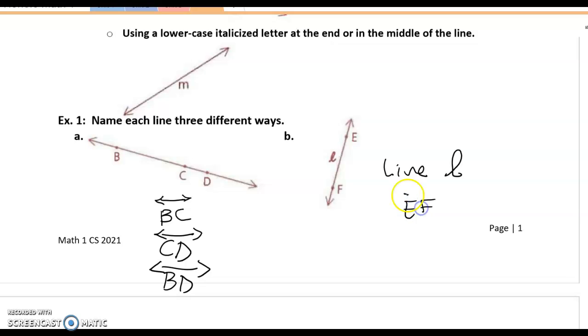So EF, the line symbol over it, or I can even flip-flop the 2 letters. It doesn't matter the order. I can name that line FE. Okay, so again, you have to be careful. Remember, L is not a point on that line. L is just a way you can name that line.